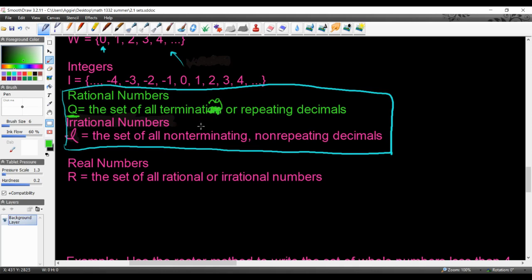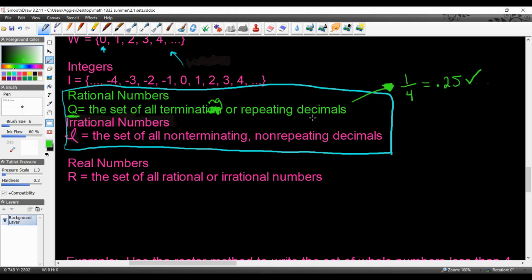okay? So for example, let's say we have 1/4, okay? You know that 1/4 is equal to 0.25. And that's it. There's no other decimals here. There's no repeating, the numbers don't repeat. So this would be considered a rational number, okay?